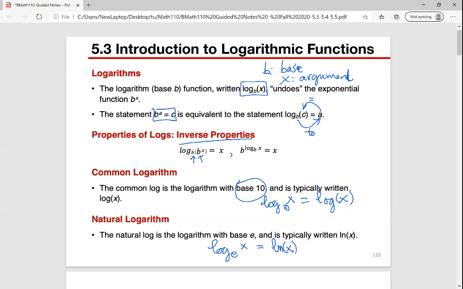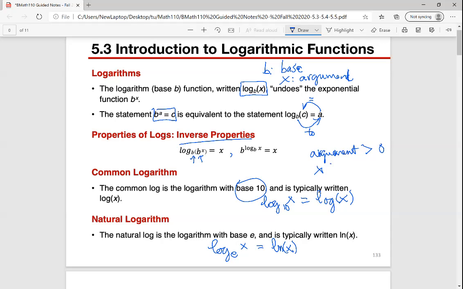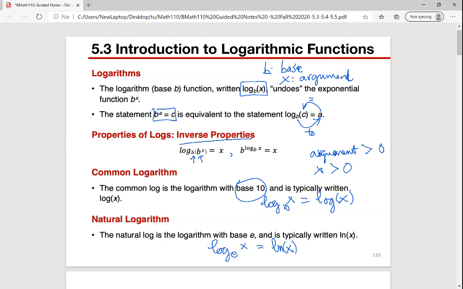The argument has to always be greater than 0. So in here, I'm going to write that the argument is always greater than 0. In this case, I can say x is greater than 0 to make this function defined.